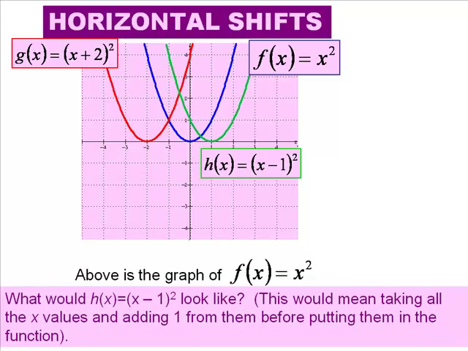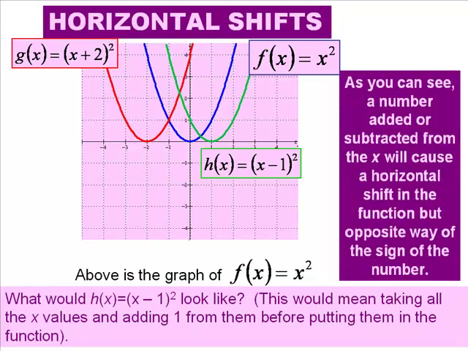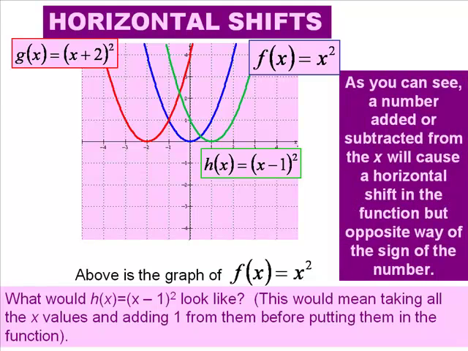And so that means we're going to shift the function 1 unit to the right. So again, we do the opposite in this case. As you can see, a number added or subtracted from the x will cause a horizontal shift in the function, but opposite ways of the sign of the number.